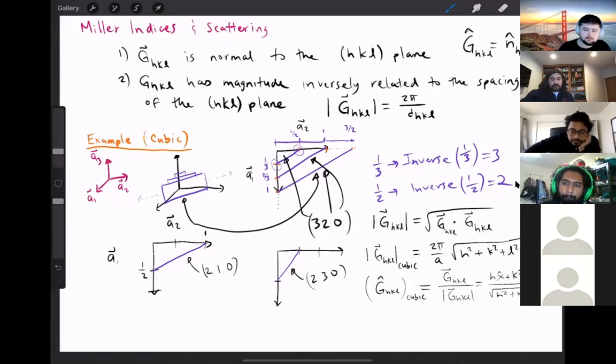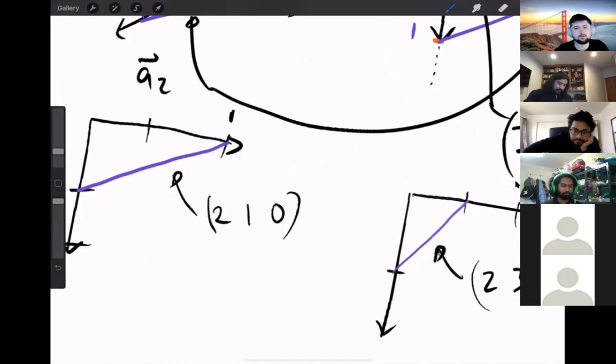All right, so if we were looking at this plane, the 3, 2, 0 plane, let me try to draw it out here.